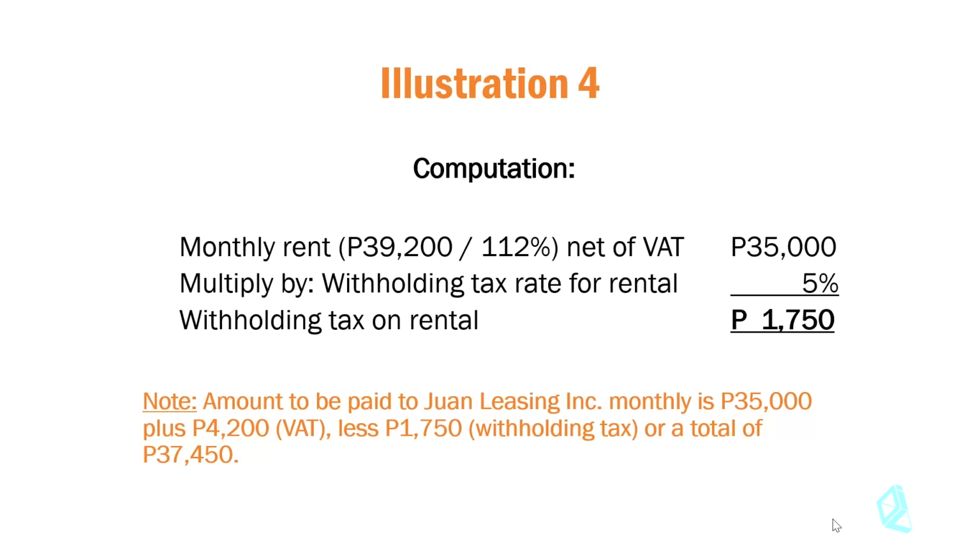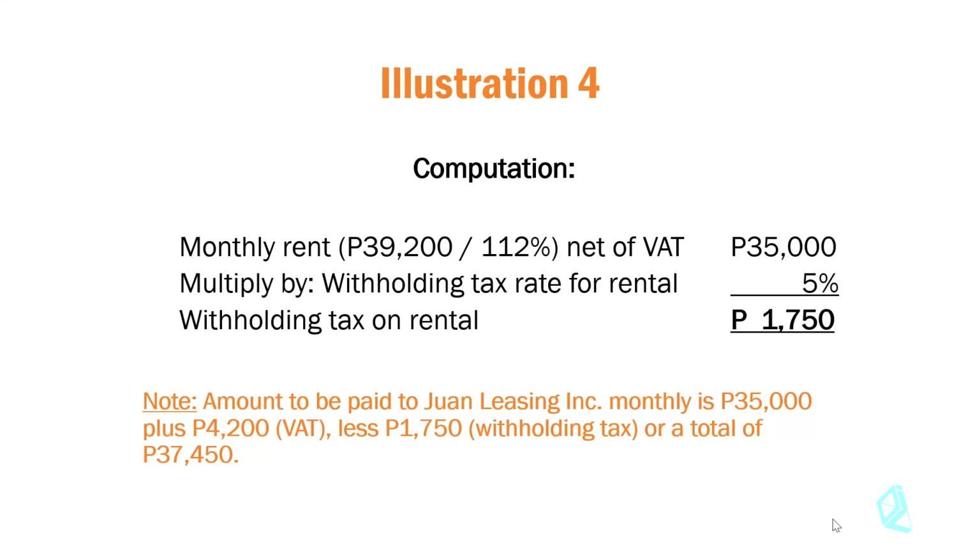An additional note. So in the note below, you have the 35,000 plus 4,200 VAT, and I hope you still remember how to compute for VAT. That's simply 35,000 times 12%, because the 35,000 is already net of the VAT.